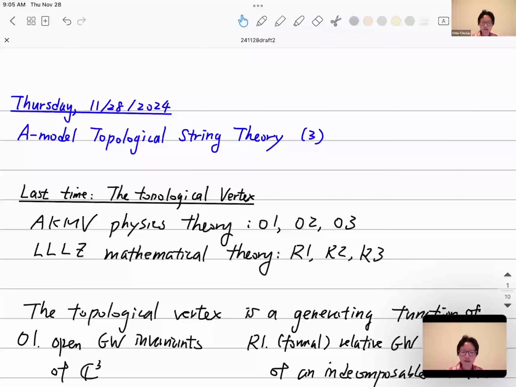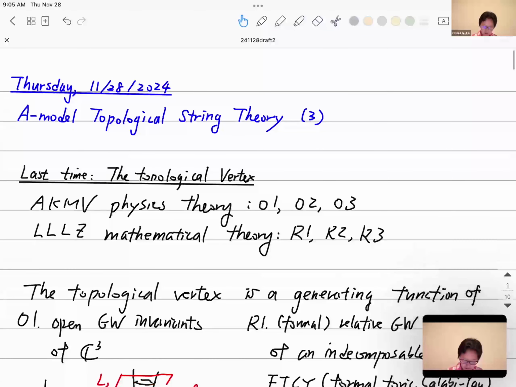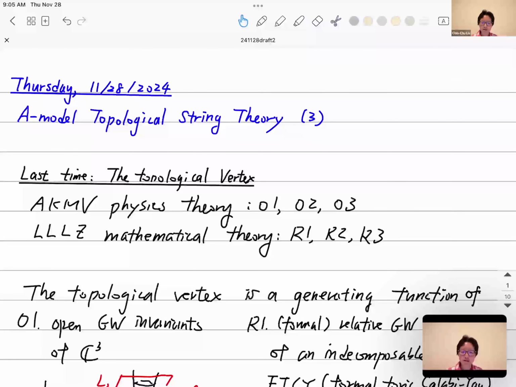So recall that we have the Aganagic, Klemm, Marino, and Vafa physics theory of the topological vertex. I summarize it as O1, O2, and O3, O for open. And then I described the mathematical theory of the topological vertex developed by Jun Li, Kefeng Liu, Jian Zhou, and myself, LLLZ.